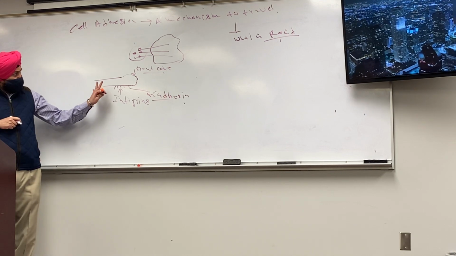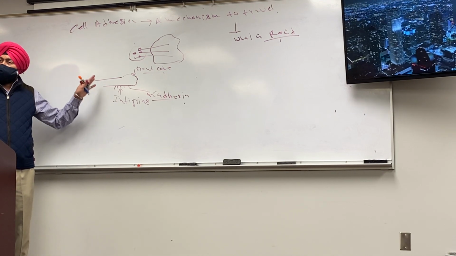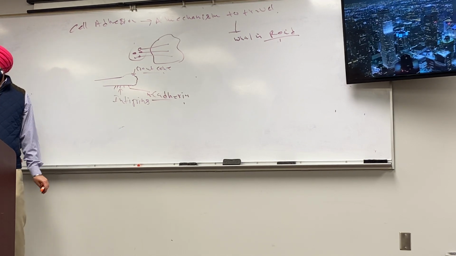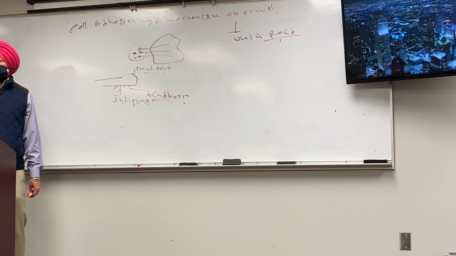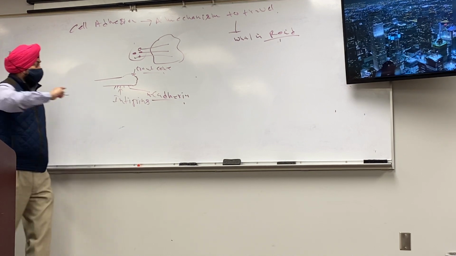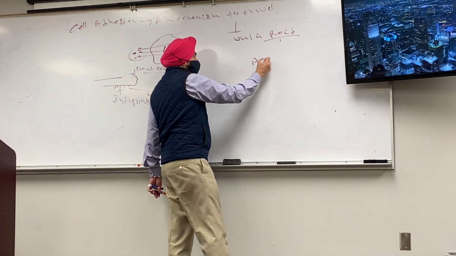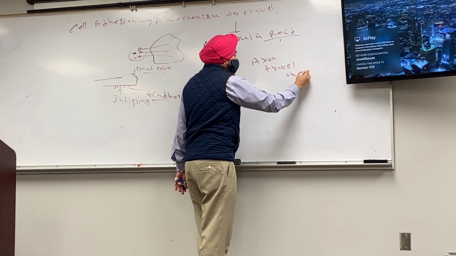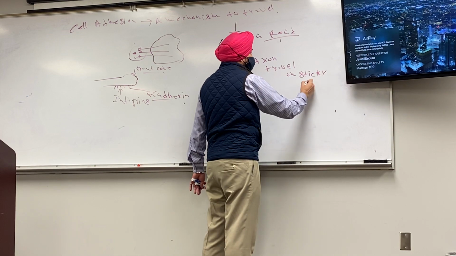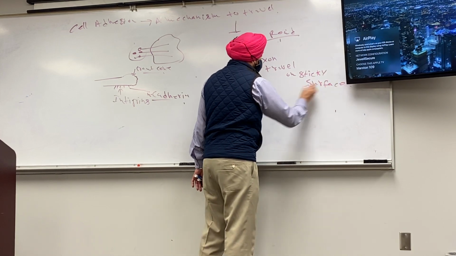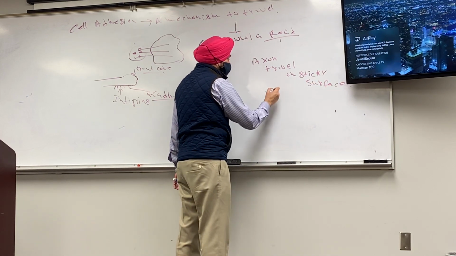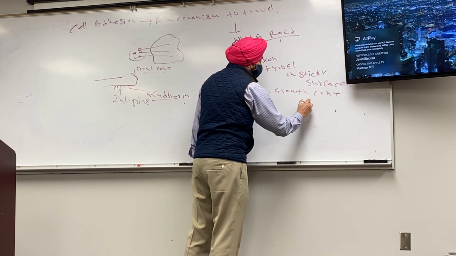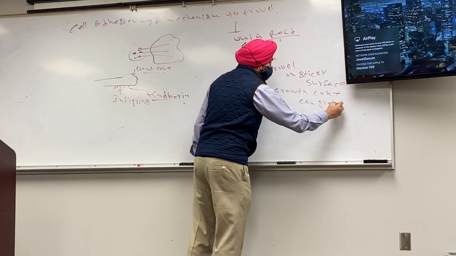Now these proteins will allow them to stick to the particular proteins on which they can travel. So axons travel on a sticky surface. Therefore, the growth cone can grab the road.